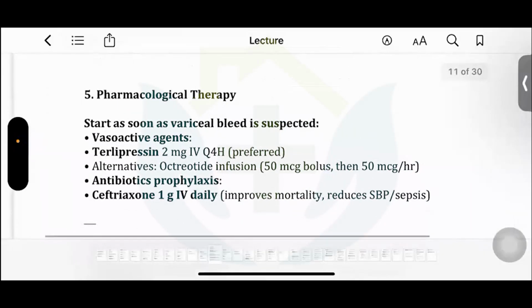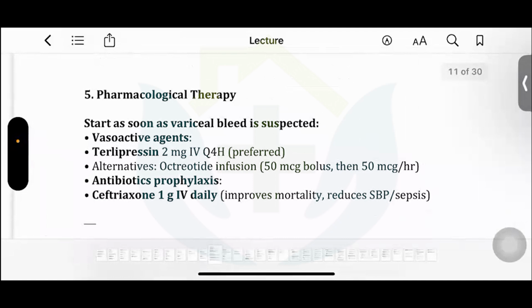All right. So once the patient has been stabilized, resuscitated, you've given the patient blood, okay, you've given platelets also, you've given FFP, what else to be given? As soon as you suspect a patient of variceal bleed and you've resuscitated the patient alongside, use terlipressin as a vasoactive agent. So it will cause splanchnic vasospasm.